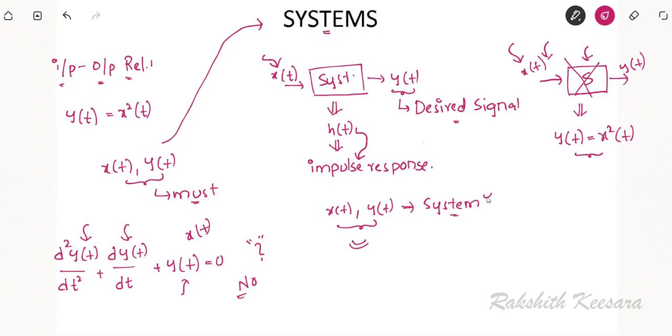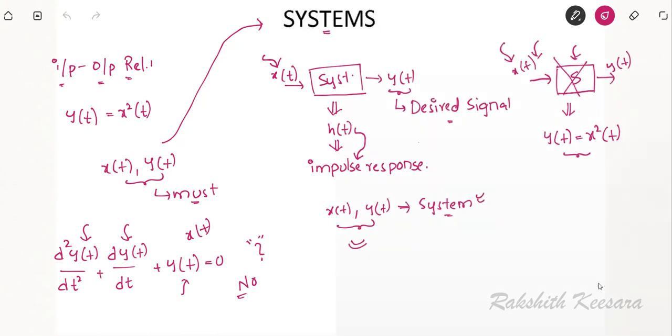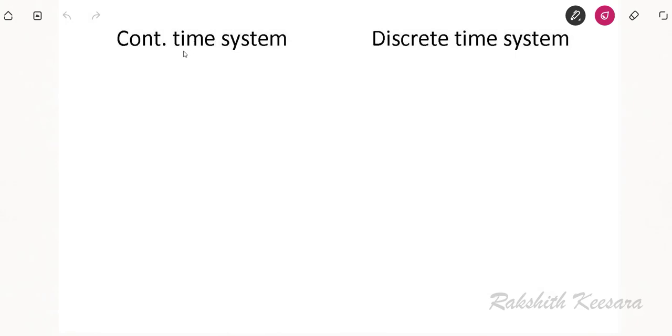Is this okay? Next, let us see what are continuous time systems and discrete time systems. A continuous time system is the one which is used to process continuous signal. That is, if there is a continuous time system, it will take a continuous signal as input and produces continuous signal as output, and this is denoted by h of t.